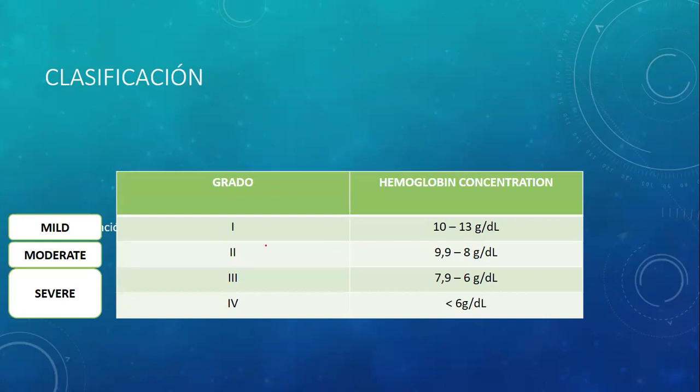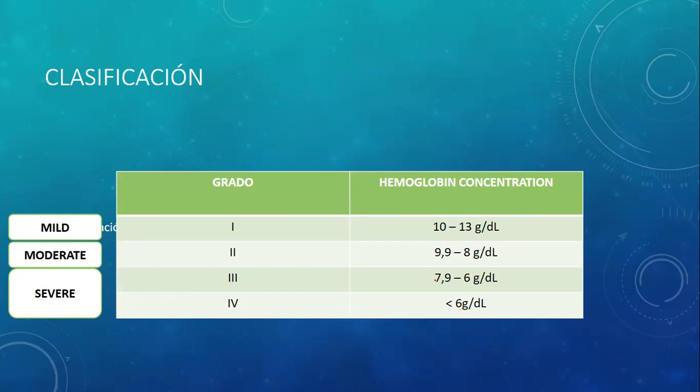We can also classify the anemias. This one on the left is according to the World Health Organization, okay? And this one, I don't quite remember the name of this classification. However, it relates to the hemoglobin concentration. As you all know, a severe anemia is lower than 8.